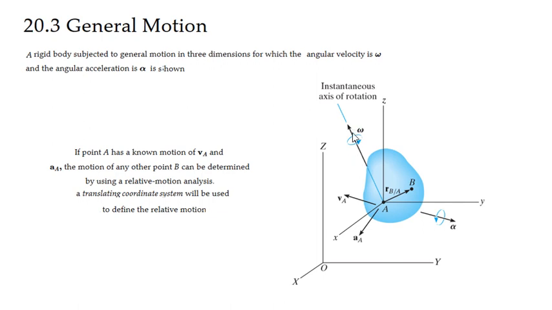Here is your axis, with angular velocity happening instantaneously, so we call it the instantaneous axis of rotation. Your motion is rotation, and in general motion you have two things going on. Your acceleration also has a different direction from your angular velocity.